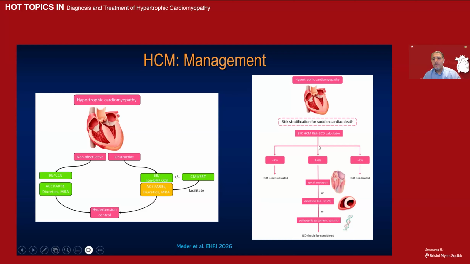And according to this, if the risk is very high, basically you recommend ICD implantation for these patients, and if the risk is low, you recommend against it.